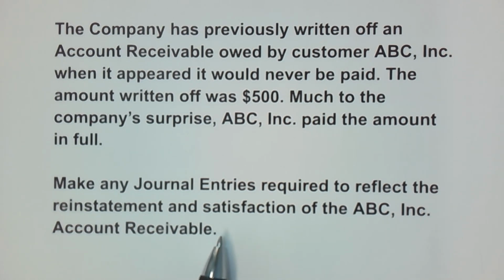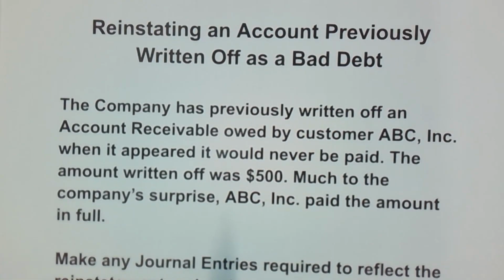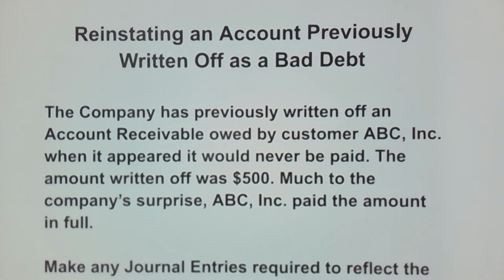It was owed to us, but it appeared it would never be paid. So we wrote it off using the allowance method. And now, to our surprise, we get a check in the mail for the $500 paying off the account. So we need to take care of the journal entries required to reinstate that account and then pay it off.